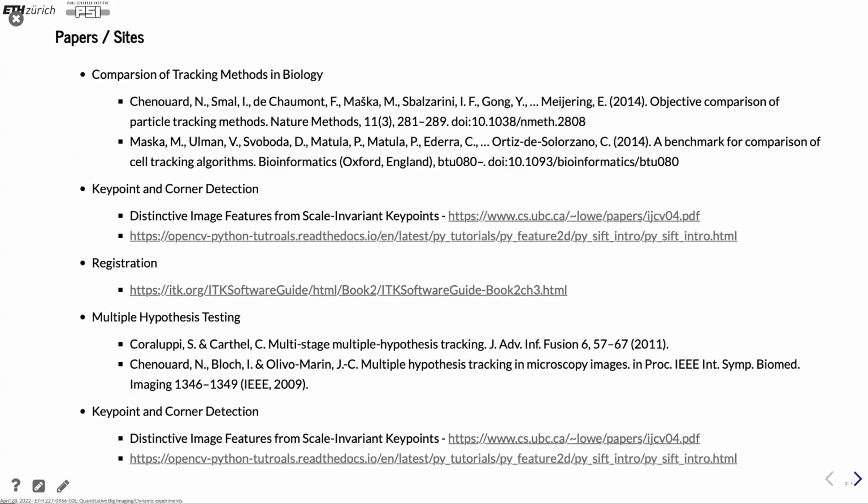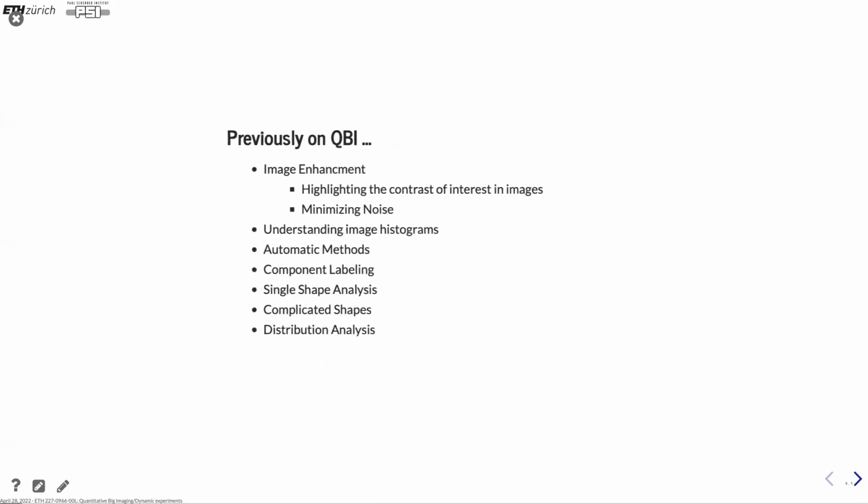And then there are a couple of papers about different topics that we are going to touch today. And in particular, what is here is key point and corner detection, a couple of papers. And registration is also a topic that we're going to talk about.